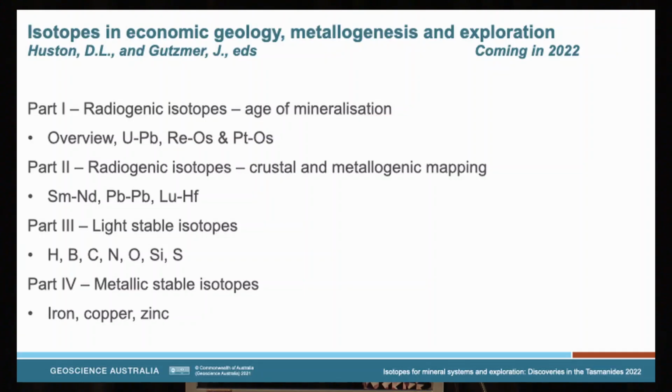So the topics are radiogenic isotopes for dating, so there's a little bit of uranium-lead, but it's also focusing on some of those techniques that are specific to ore minerals, radiogenic isotopes, which is what I talked about, light stable isotopes and metallic stable isotopes. So if this talk wasn't enough, there's plenty more information coming soon, probably this year.